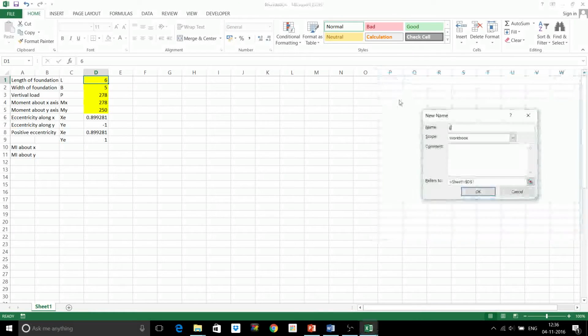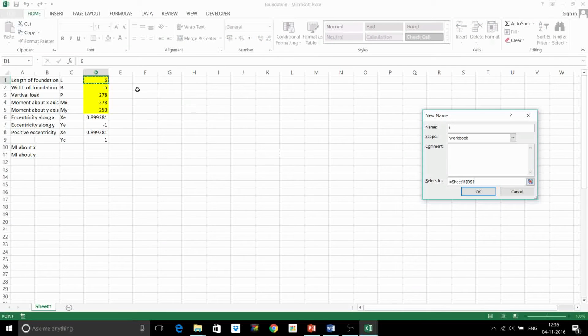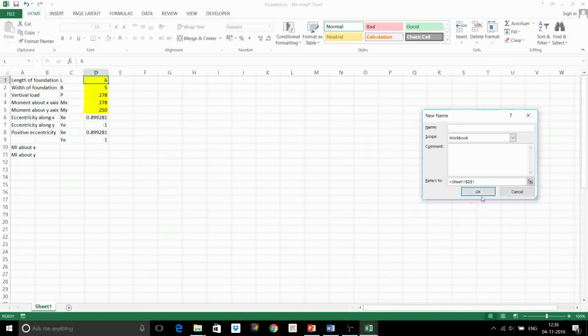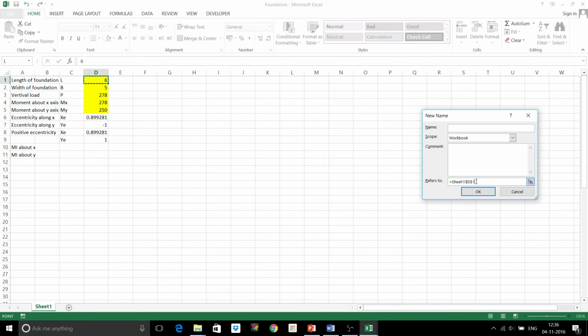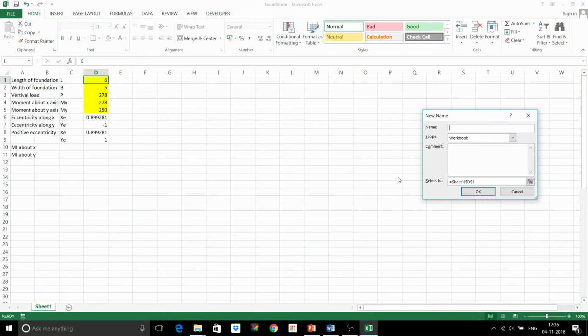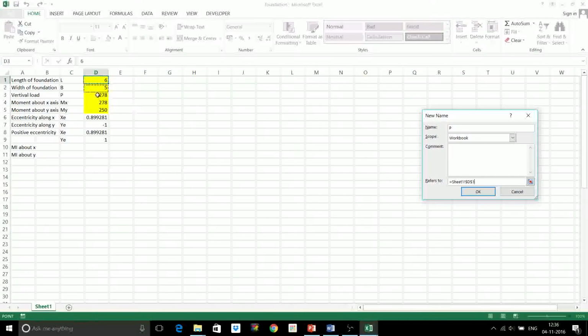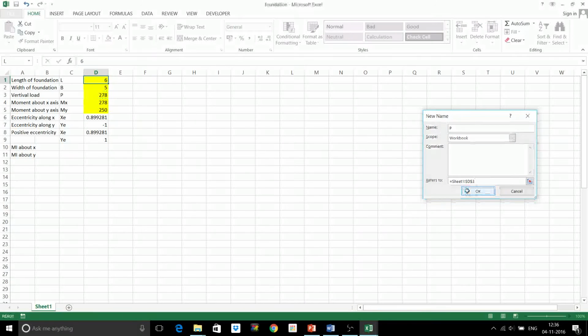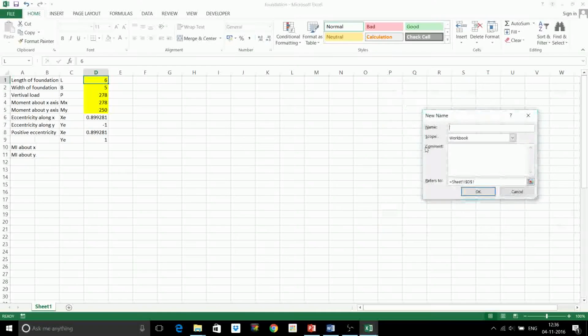New here, this will be L. New here, this will be B. New P for this. New XE for this.